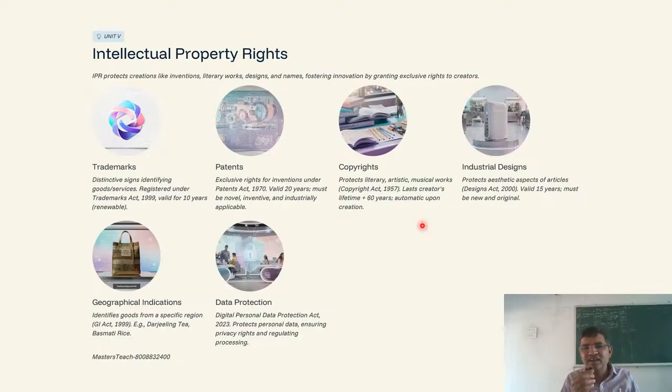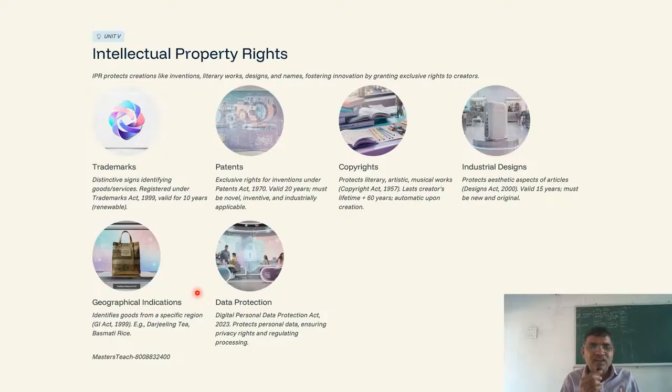Then industrial design, protected under the Industrial Designs Act 2000, okay, valid for 15 years, must be renewed and original. Then geographical indication, another type of intellectual property right, identifies goods from a specific region, under the GI Act 1999.